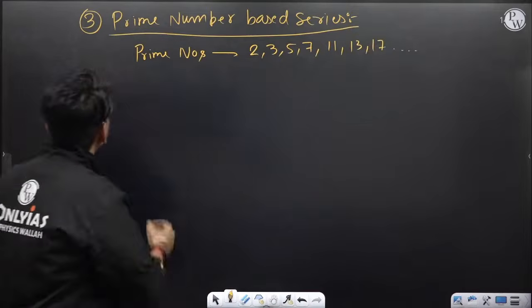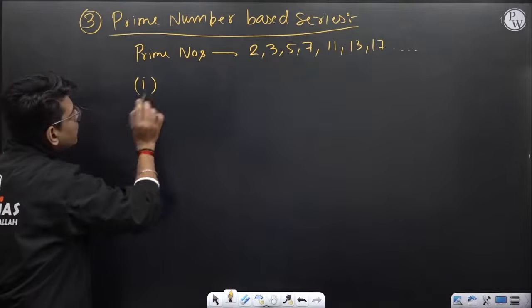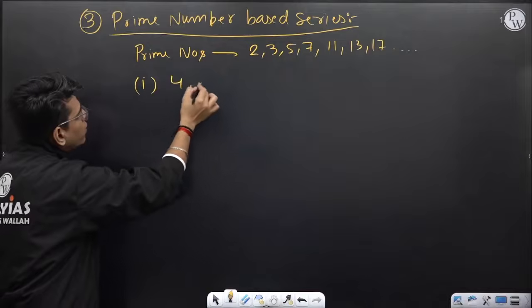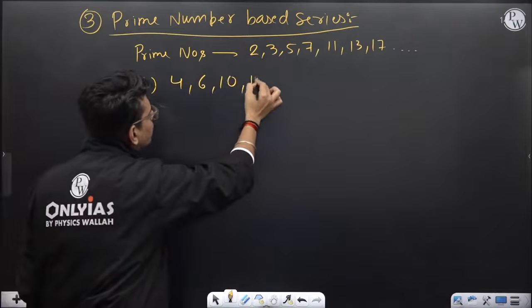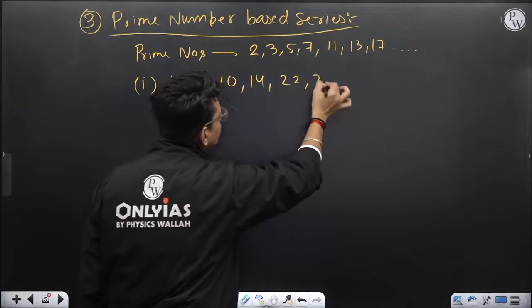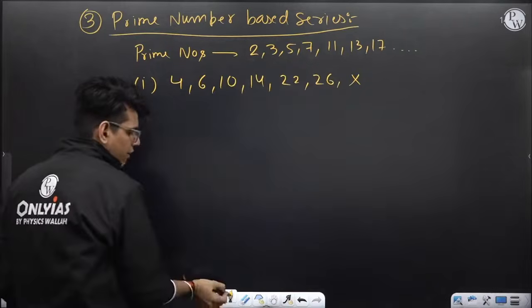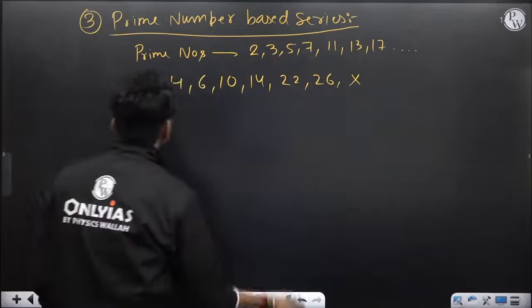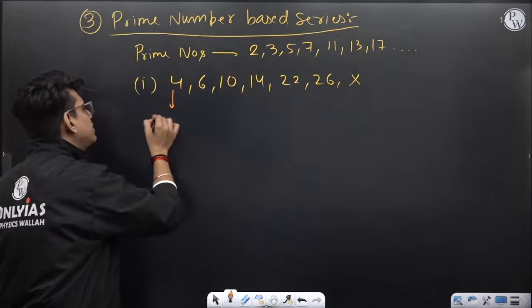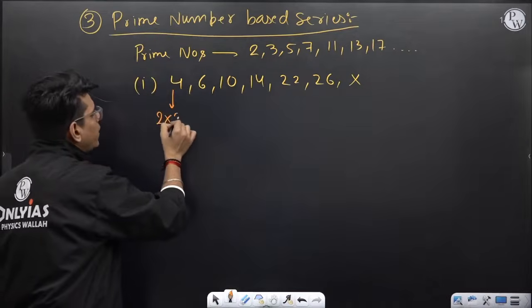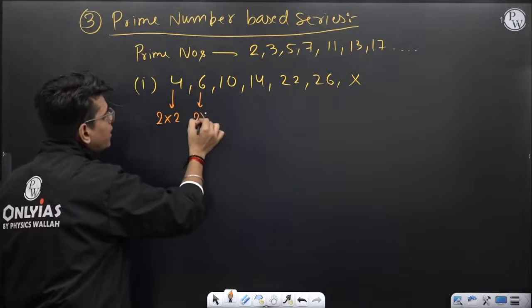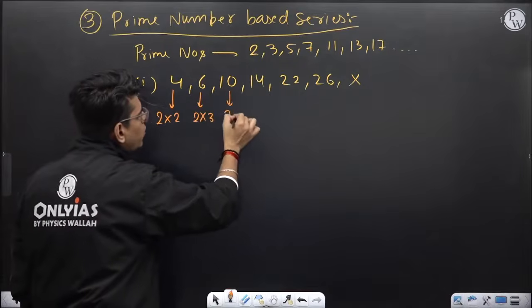So one example of this series can be, suppose the terms given are 4, 6, 10, 14, 22 and 26, and you are asked what is x. If you see closely, these numbers are nothing but twice the prime numbers. This is 2 into 2, this is 2 into 3, this is 2 into 5.